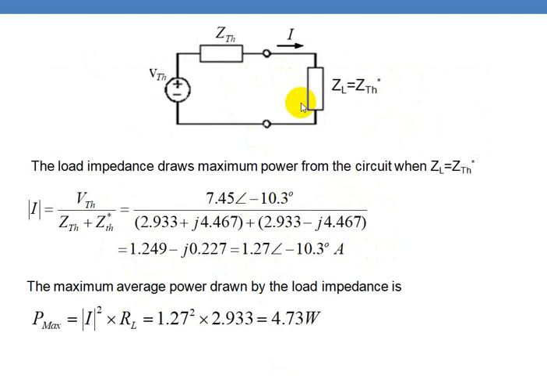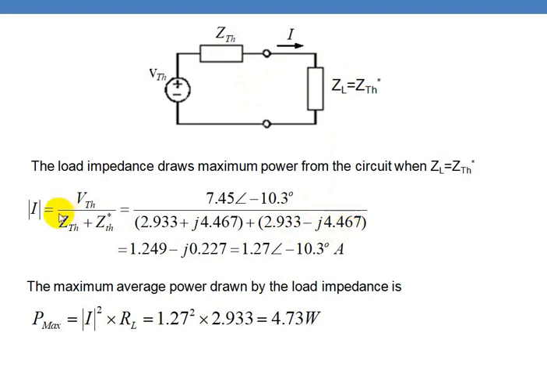From this circuit you have to find the maximum power drawn by the load impedance. For this you have to find the current. You make ZL equal to the complex conjugate of the Thevenin impedance. So ZTH star is nothing but the complex conjugate of this impedance, and its value is 2.933 minus j4.467.